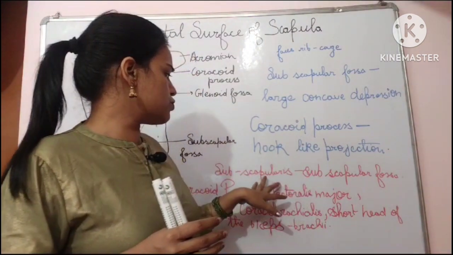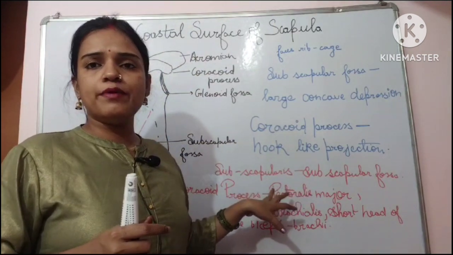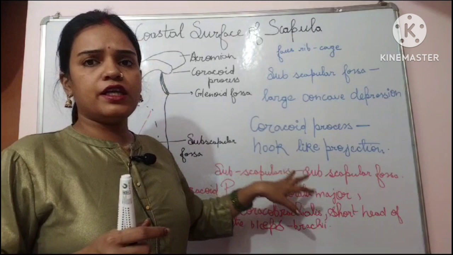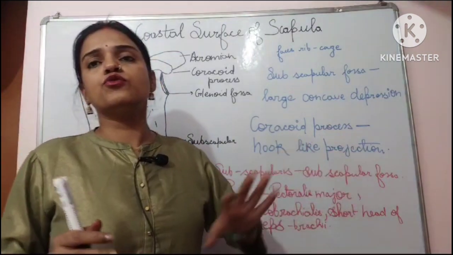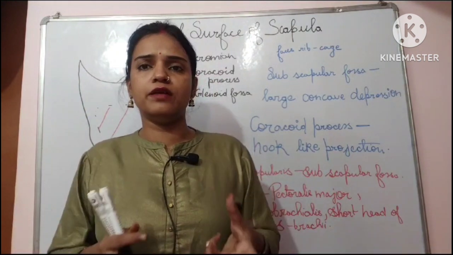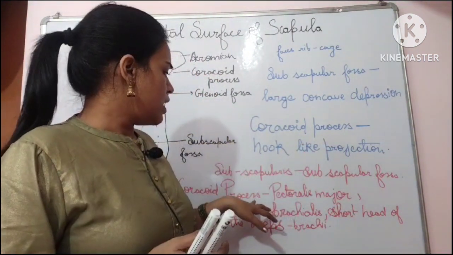Another thing which we need to know is the muscle attachments. Subscapularis, as we can remember from the name also, attaches to the subscapular fossa. We can coordinate from the names: subscapular fossa, subscapularis muscle.